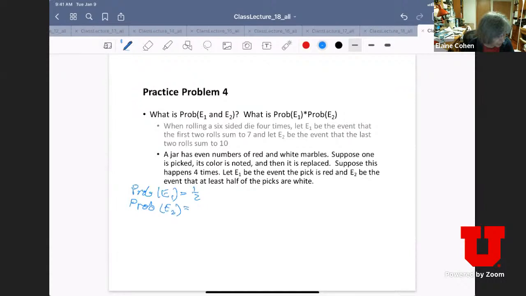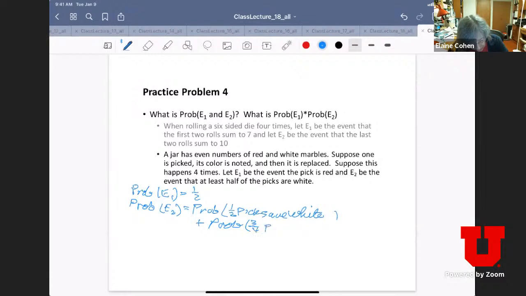Here we're looking at the probability that exactly half the picks are white, plus the probability that 3/4 of the picks are white, plus the probability that all 4 picks are white.